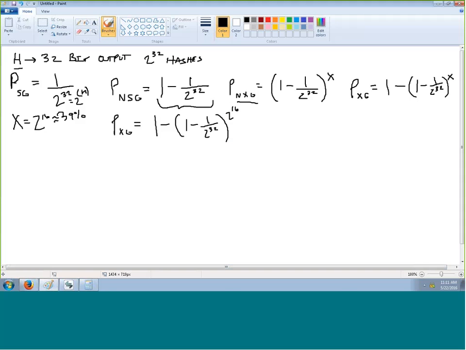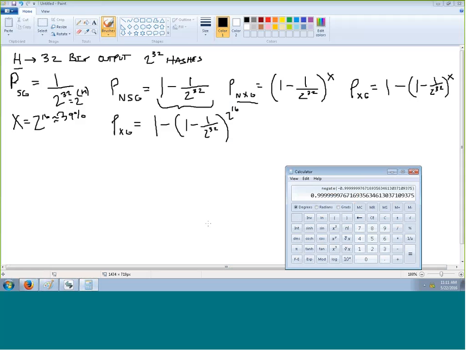All right, so for our probability of generating a collision in 2 to the 16th tries on a 32-bit hash, it should be 1 minus 1 over 2 to the 32nd, to the 2 to the 16th. Oh, sorry, I did something wrong here.